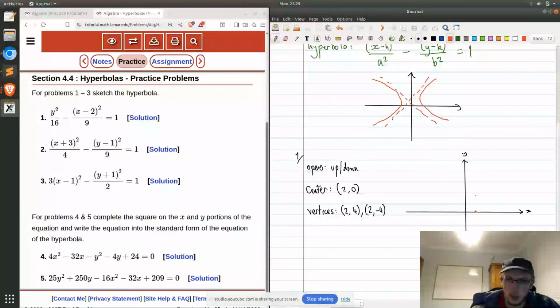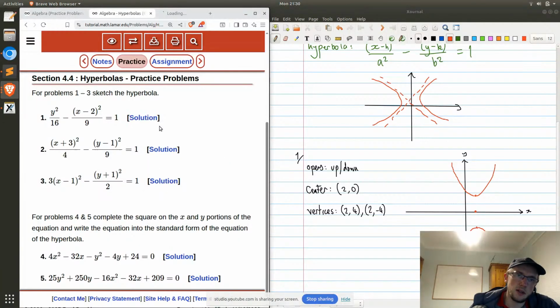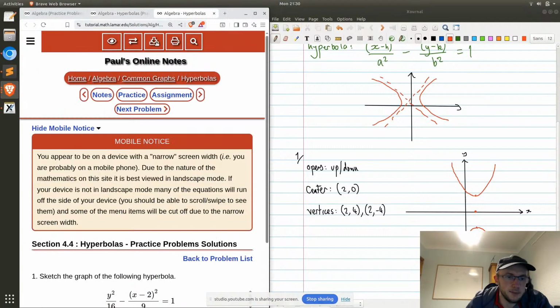There. There. Okay, so there's my first attempt. Just a first attempt at sketching the hyperbola. Let's see how it goes.